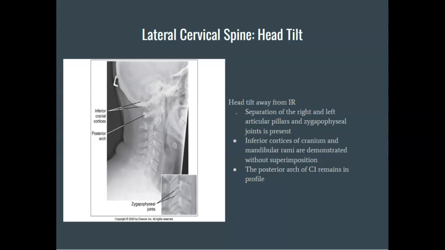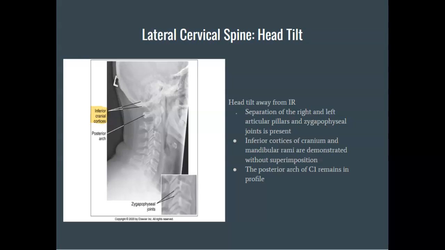When the head is tilted away from the IR, there are some things that we can look at to determine how to fix the tilt. Separation of the right and left articular pillars and those zygapophyseal joints is present, okay? The inferior cortices of the cranium, as you can see right here, will not be superimposed as they normally are.